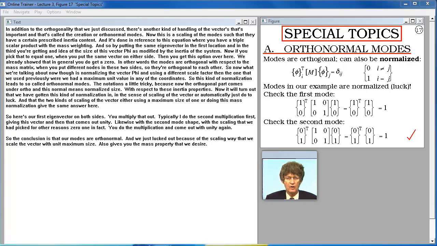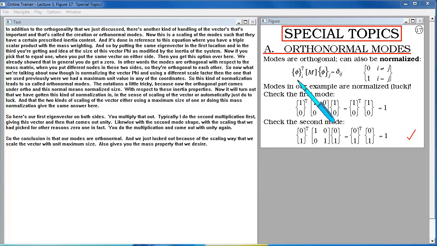In addition to the orthogonality that we just discussed, there's another kind of handling of the vectors that's important, and that's called the creation of orthonormal modes. Now this is a scaling of the modes such that they have a certain prescribed inertia content.